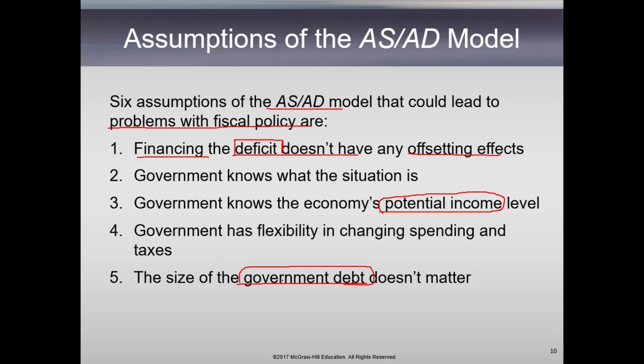So the effectiveness of fiscal policy may very well decrease as the debt to GDP ratio increases. None of these things are accounted for directly in the aggregate demand, aggregate supply framework.